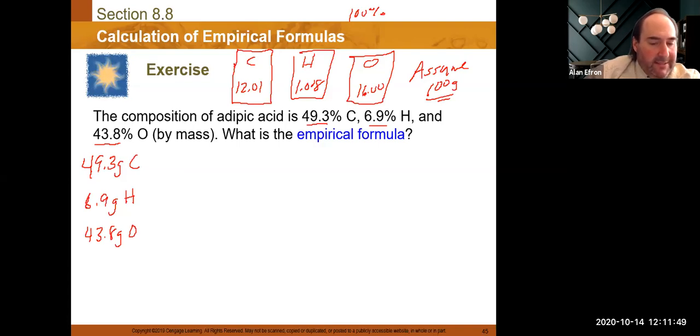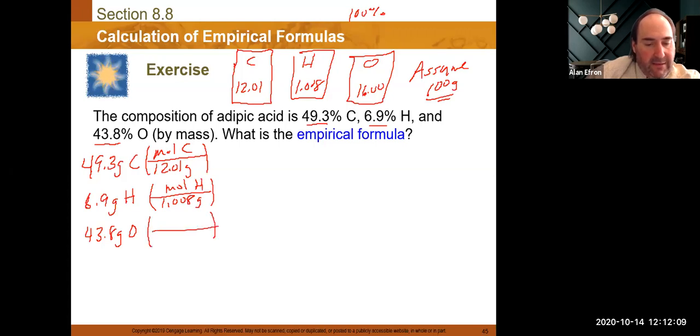The next thing we want to do is take all those grams and convert them to moles. We're going to use the molar mass from the periodic table to do that: 12.01 for our carbon, 1.008 for our hydrogen, again from the periodic table where we're getting these numbers, and 16 for our oxygen.